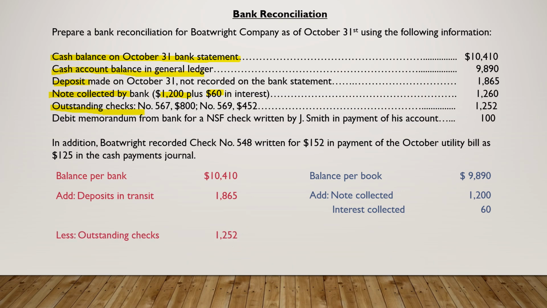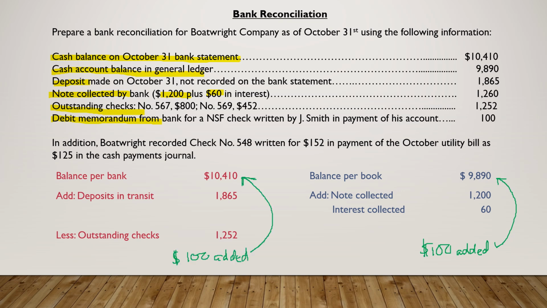The last item on the list is a debit memorandum for an NSF check in the amount of $100. When Boatwright received this payment from J. Smith, it added it to its general ledger balance. It then sent the check to the bank for deposit, and the bank added it to its balance.